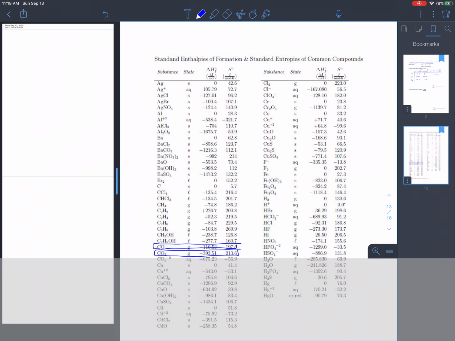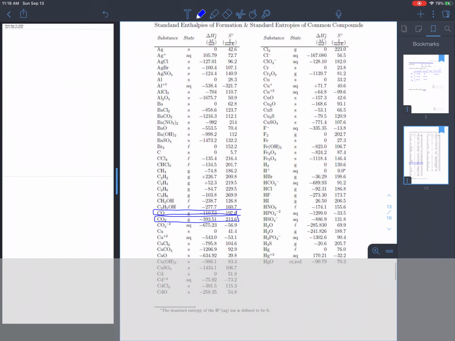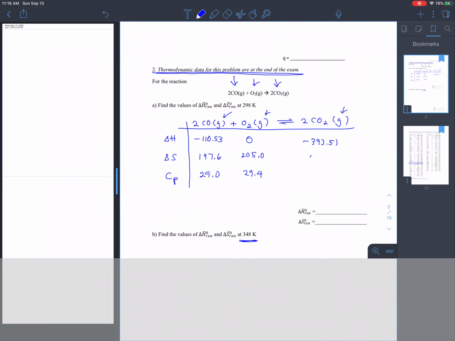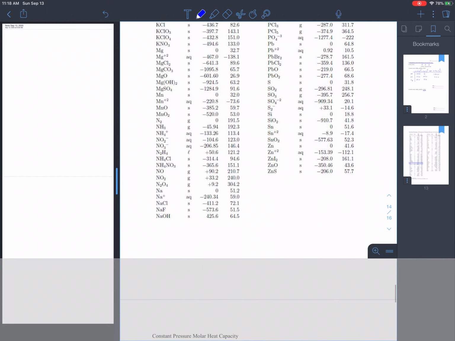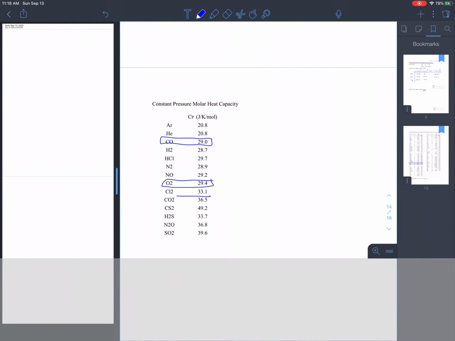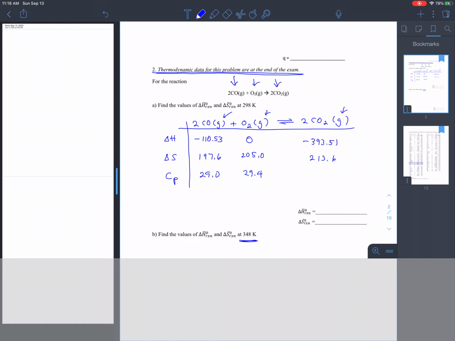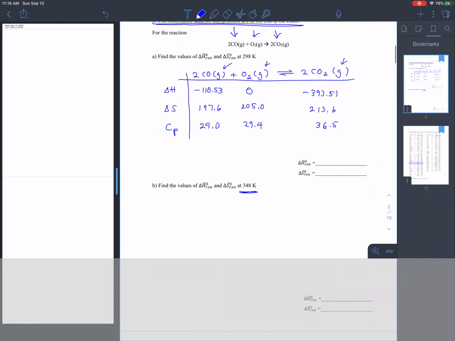The delta S is 213.6, and the heat capacity is 36.5. All right, so those are the raw data that we need.